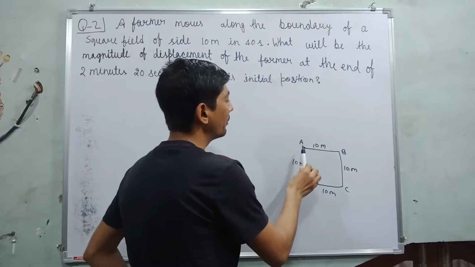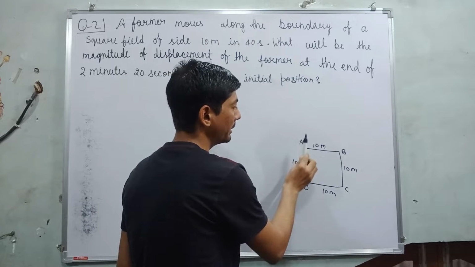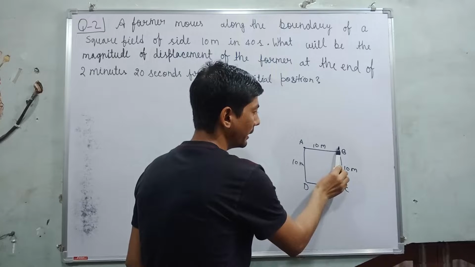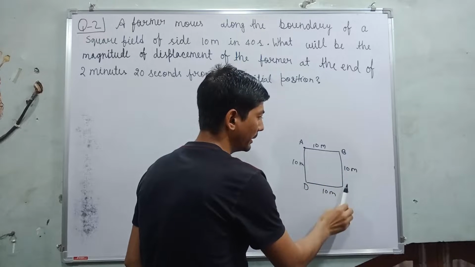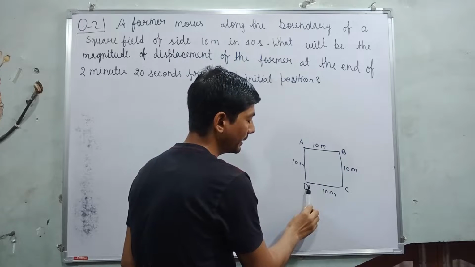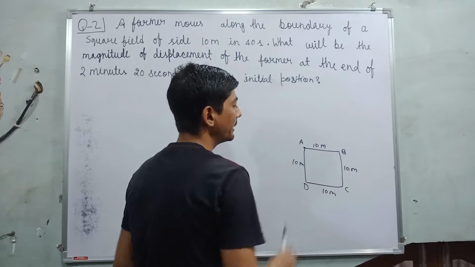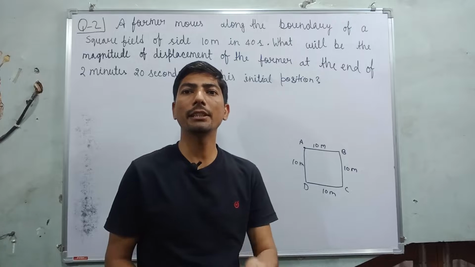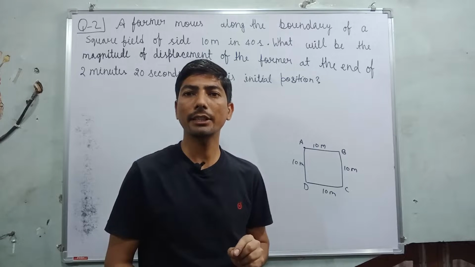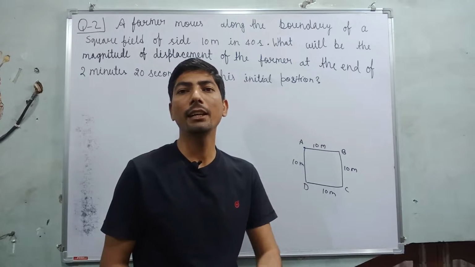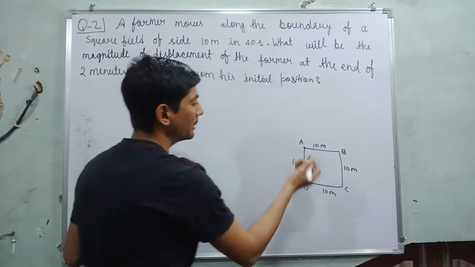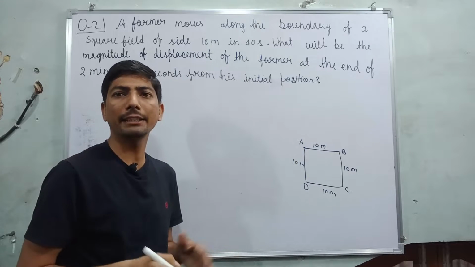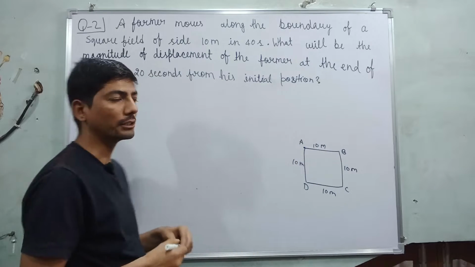In the starting, the farmer moves from this point towards AB, 10 meter. After that BC 10 meter, after that CD 10 meter, and after that DA 10 meter. In the end, he travels 40 meter in one round. Time is 40 seconds. So first we write what is given in this question.